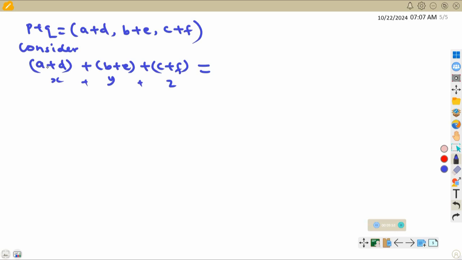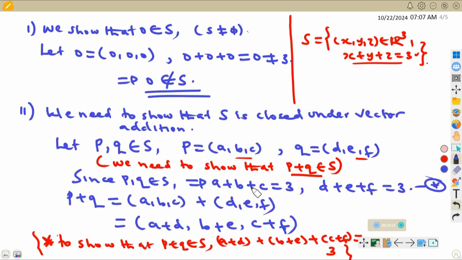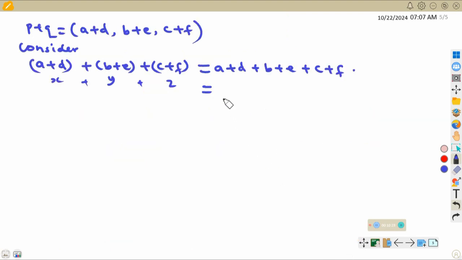Since we are adding real numbers, we can consider A plus D plus B plus E plus C plus F, and we can consider these components. From what we already have, A plus B plus C equals 3 and D plus E plus F equals 3 also, so let us try to create A plus B plus C and D plus E plus F, since we already have that in equation star.